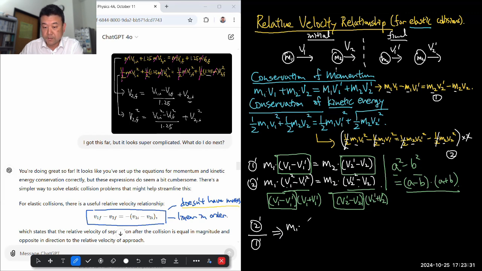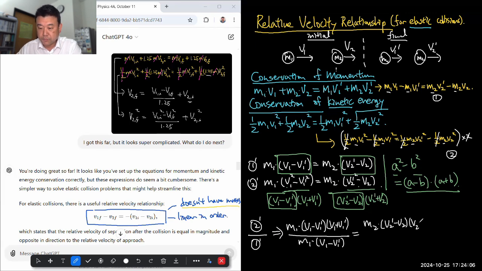So it will be m1 times (v1 minus v1 prime) times (v1 plus v1 prime), divided by the left-hand side of the 1 prime equation, m1 times (v1 minus v1 prime), is equal to the right-hand side, m2 times (v2 prime minus v2) times (v2 prime plus v2), divided by the right-hand side of the other equation, m2 times (v2 prime minus v2).